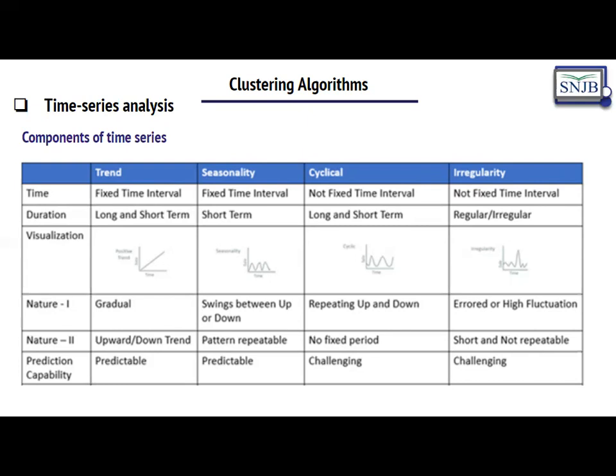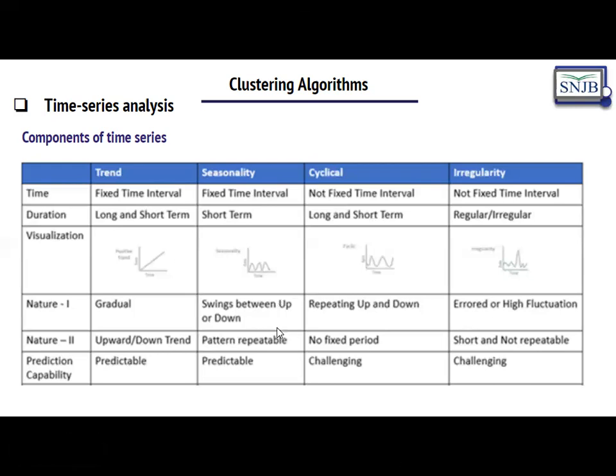We can say that for 4 months my sales are increasing. For 1 year my sales are increasing and increasing, or decreasing. So in only one direction, either positive or negative, my values are increasing or decreasing. This is trend.